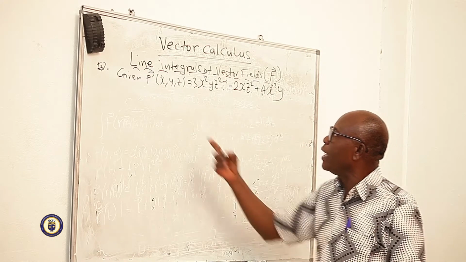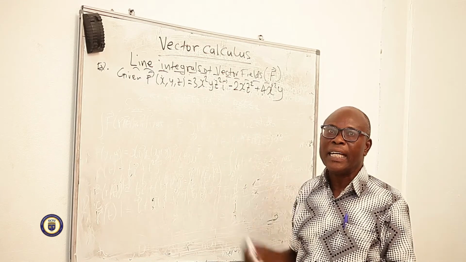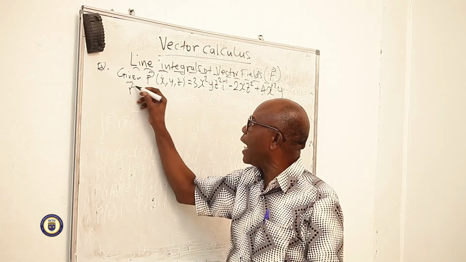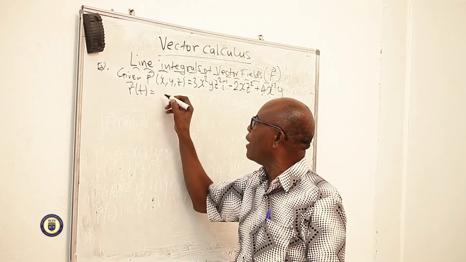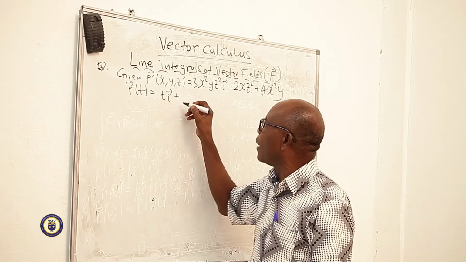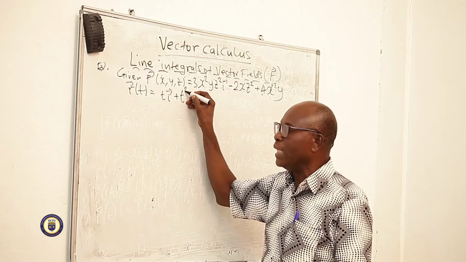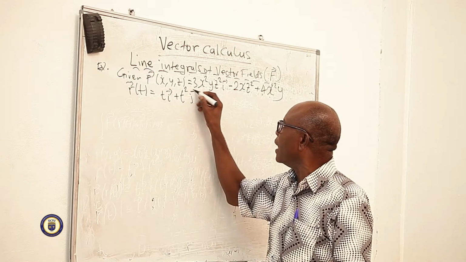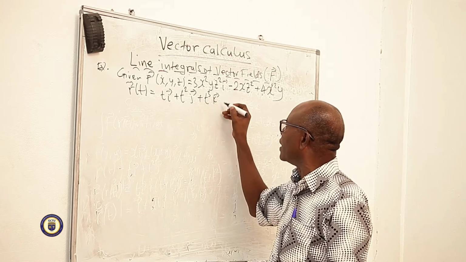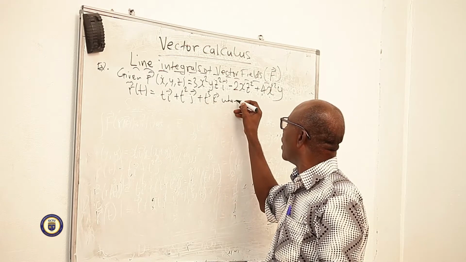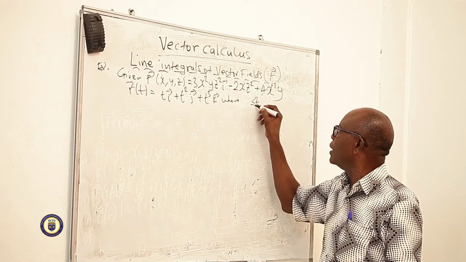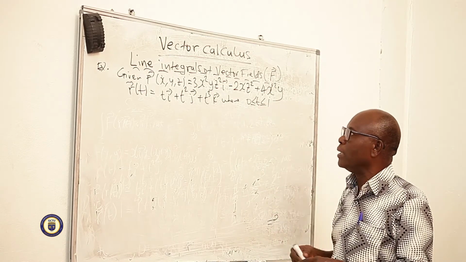And so this is the vector field in space, and then the direction r of t is given as t in the i direction plus t squared in the j direction, plus t cubed in the k direction, where of course our parameter is located between 0 and 1.